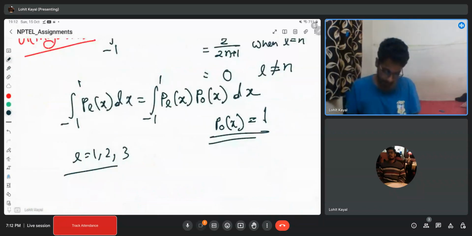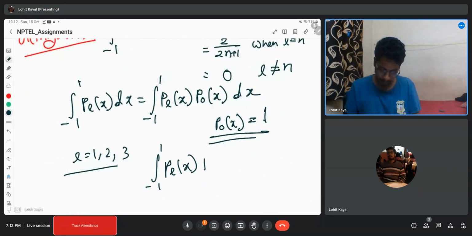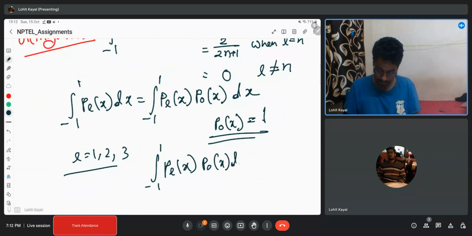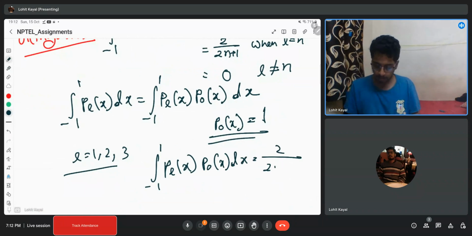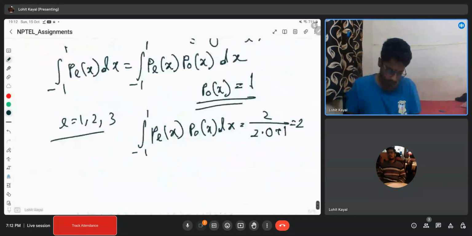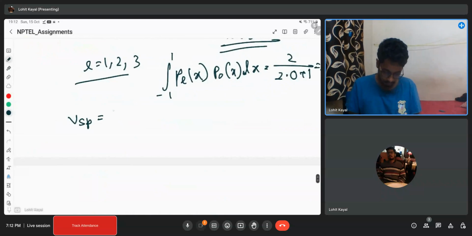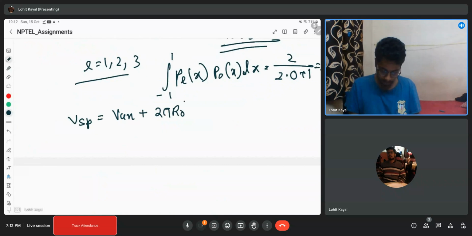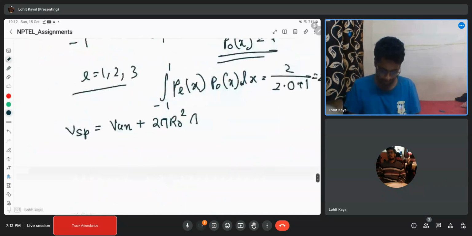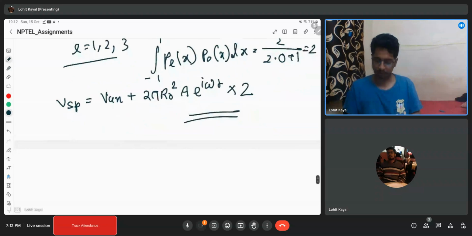Then this term will be the integral from minus 1 to 1 of P_L(x) P_0(x) dx equal to 2 by 2 into 0 plus 1, which is equal to 2. So your volume of the perturbed sphere will be the volume of the unperturbed sphere plus 2 pi r naught square into a into e to the power i omega t into 2. So it will be a function of time.